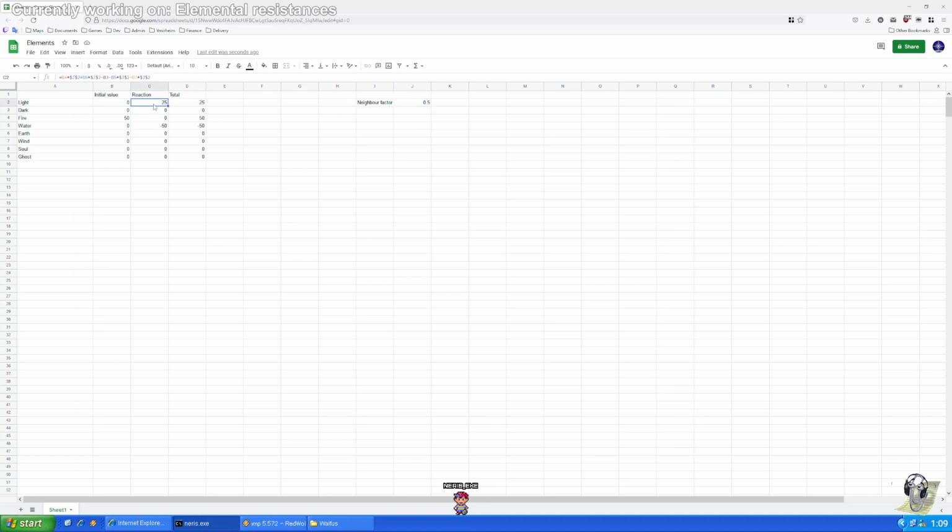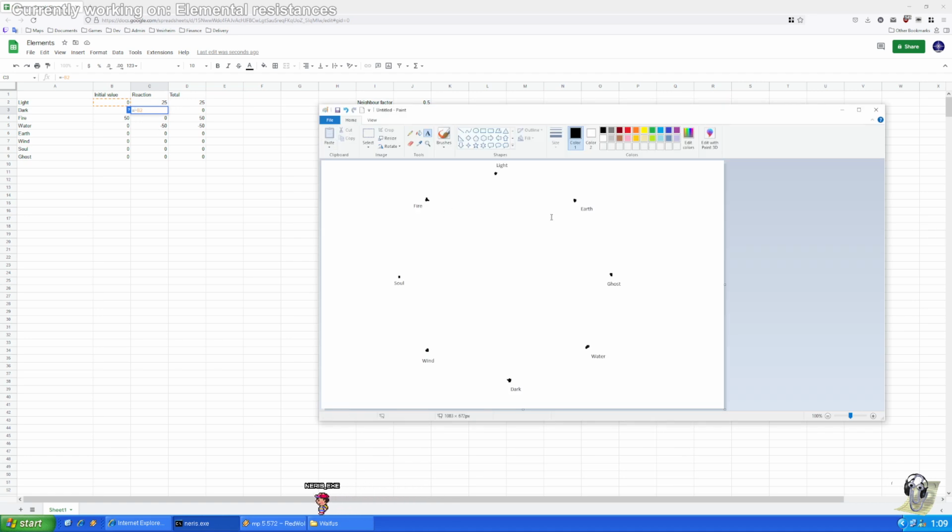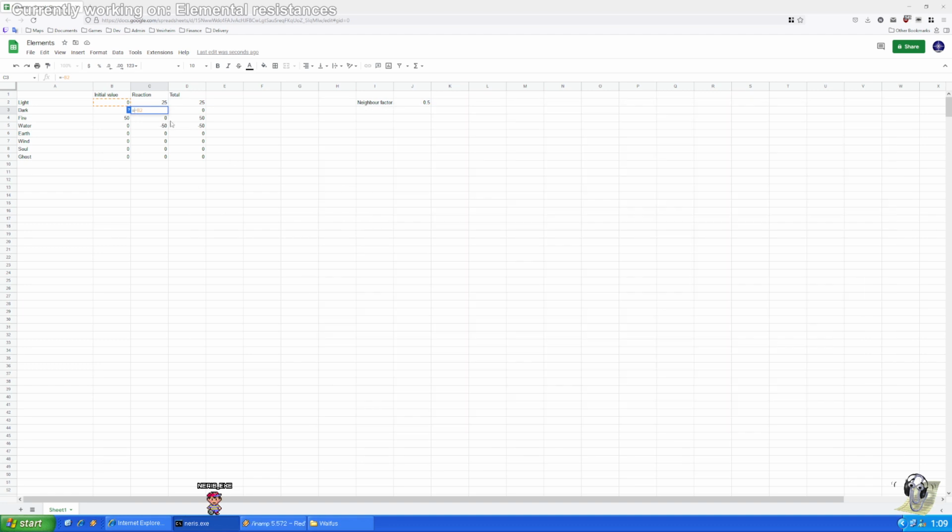Now I need to implement the same formula for everything. So for light, we have our neighbors. Oh, this is for dark. For dark, we use wind and water. Wind times that plus water times that.